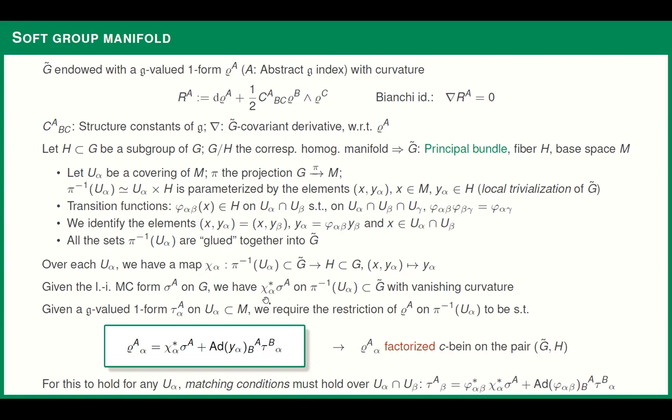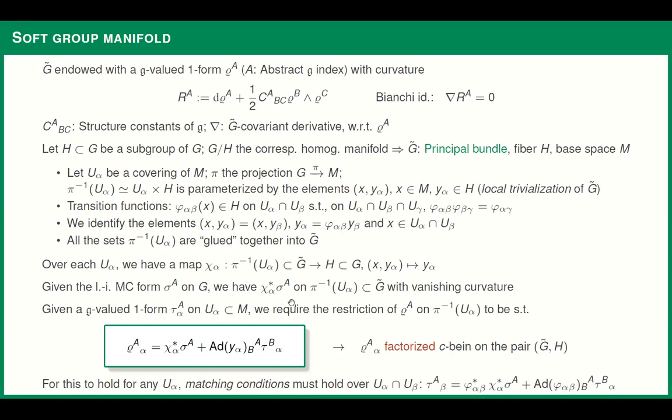On the other hand, the pullback of sigma on pi minus 1 of U, that is in G tilde, is vanishing. So we have this object with vanishing curvature, and we have a one-form tau defined on M. Those are, as we will see in a while, the objects we deal with in physics in the end.